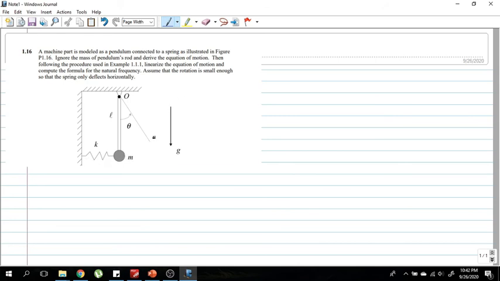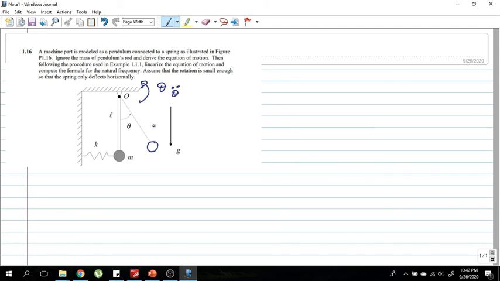What they have done is they have given a small angular displacement theta, and the direction of theta is counterclockwise. Therefore, theta and theta double dot are both in this counterclockwise direction. And if we draw the mass now, what are the forces acting on the mass?